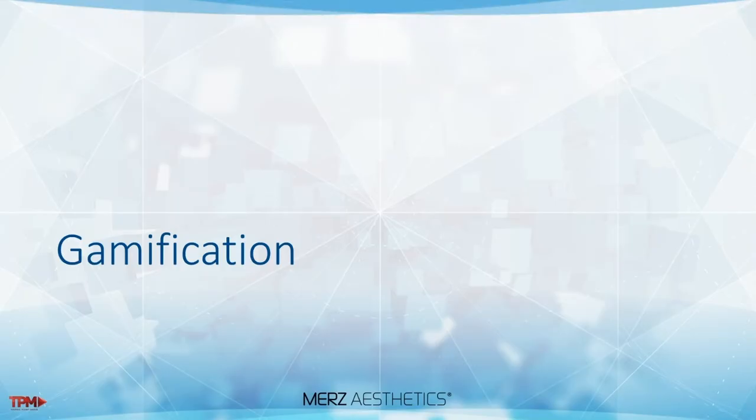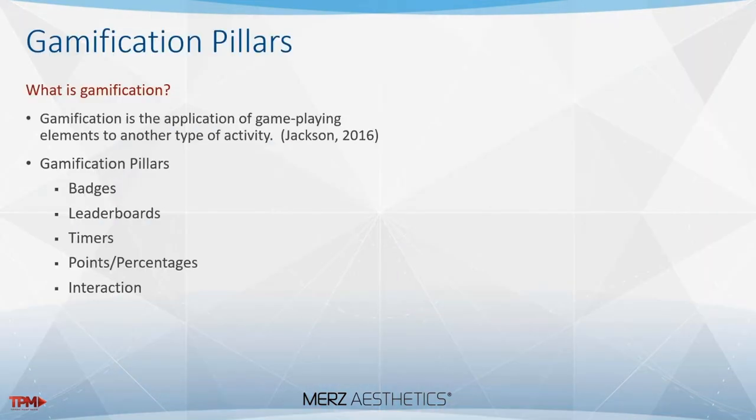So now let's break down gamification and its key elements and discuss how useful these elements can be. Gamification. What is gamification? Gamification is the application of gameplay elements into another type of activity. So what does this mean? You're taking the traditional elements of games and you're going to bring them into different aspects of life, therefore gamifying them.